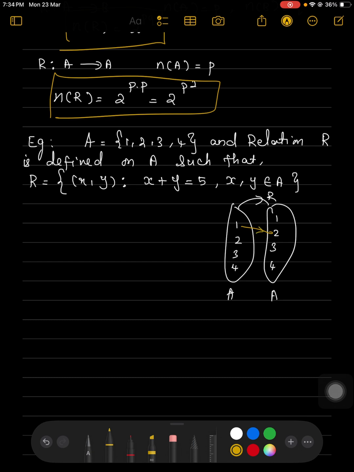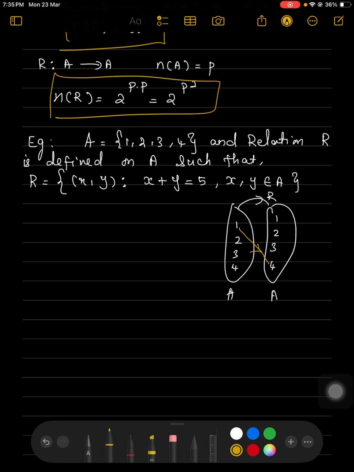Does this 1, 2 satisfy the condition? Definitely not. The first condition itself, x plus y should be equal to 5. When I take 1, 2, 1 plus 2 is 3, which is not equal to 5, so it is not satisfying. So which ordered pairs are satisfying? With 1, not 1, 2, 3. Anything with these three elements will not satisfy. So I am checking this 1, 4.